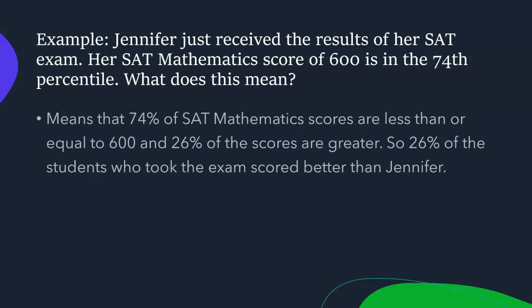So it means that 74% of SAT math scores are less than or equal to 600, and 26%, which is 100 minus 74, of the scores are greater than 600. So 26% of the students who took the exam scored better than Jennifer, and she scored better than or the same as 74% of the individuals that took the exam.